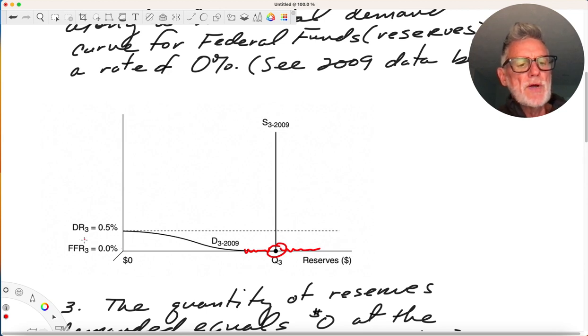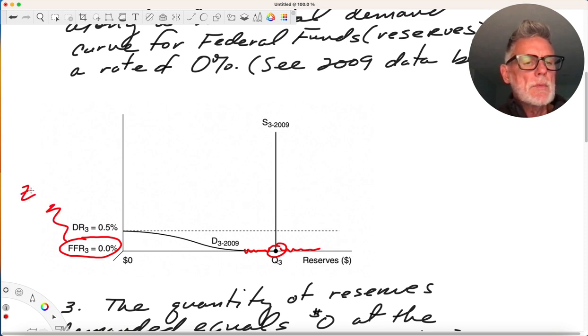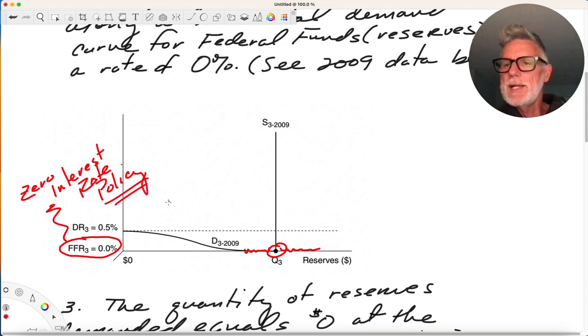Notice that the federal funds rate in 2009 is 0%, and this is what we mean by zero interest rate policy. So the Fed did this on purpose. The Fed's goal was to push the federal funds rate right down to 0.